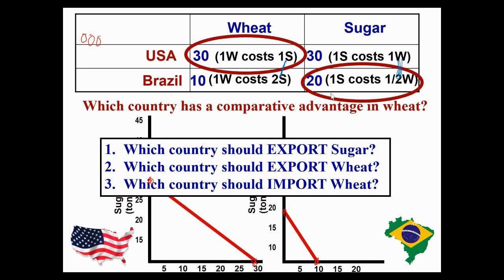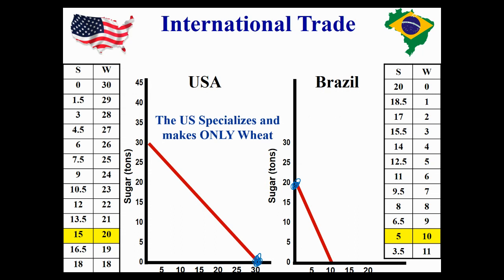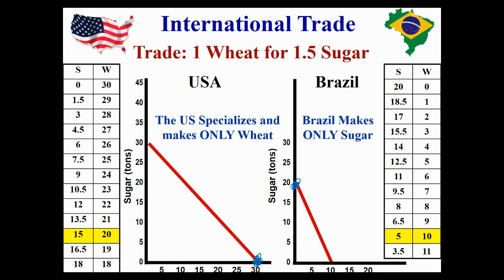Now, if we would have turned it around and said, "Hey, for 1 sugar, what would we trade?" We would have to do something in between 1 wheat and 1.5 wheat. So if we said 1 sugar for 3/4 of a wheat, that would be something we would be interested in. But here, we're going to trade 1 wheat for 1.5 sugars.